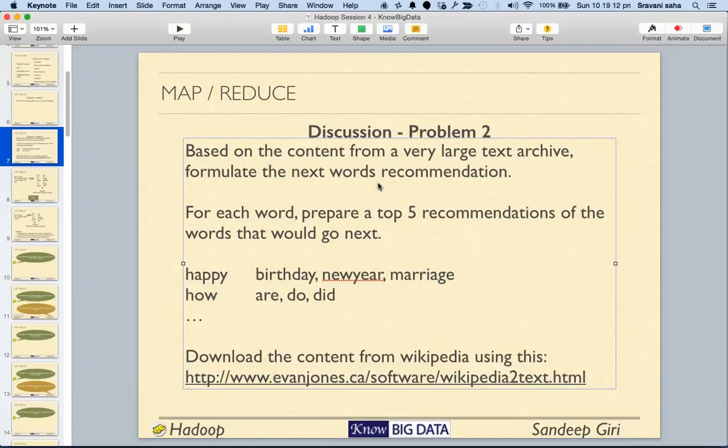And then in the reducer, we can do the top five by finding the frequency of the word. Correct. That's correct, Abhishek.